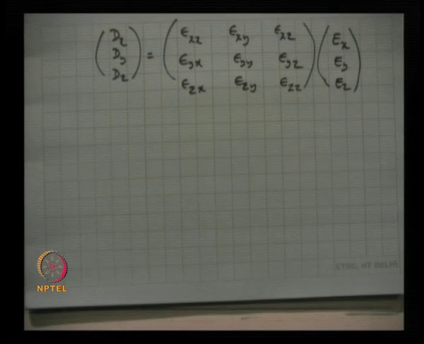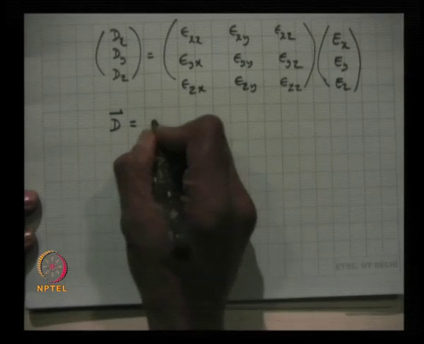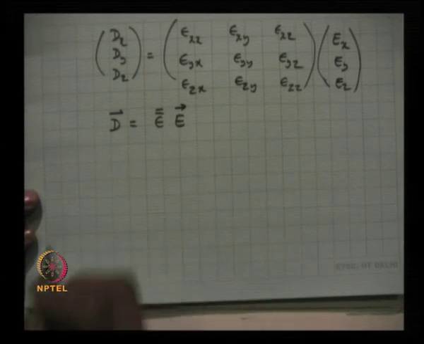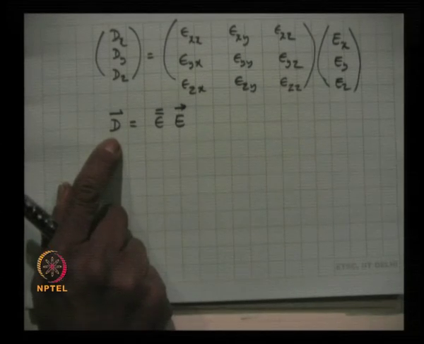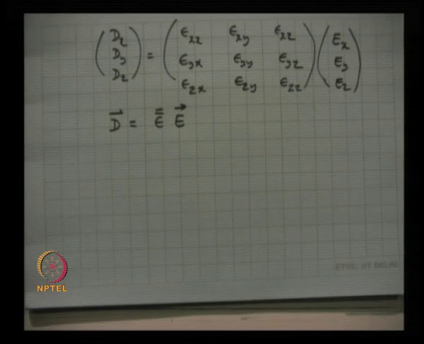In a matrix form, this is the same 3 equations. So, I can write this as D vector is equal to epsilon into E vector, where epsilon is now this 3 by 3 matrix. This column vector is the D vector, this column vector is the E vector, and that is the epsilon tensor.